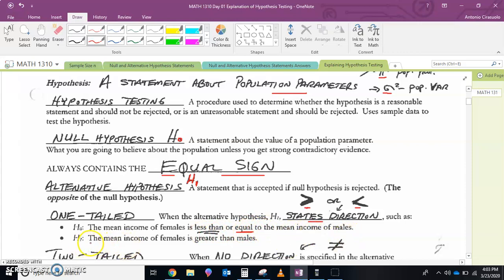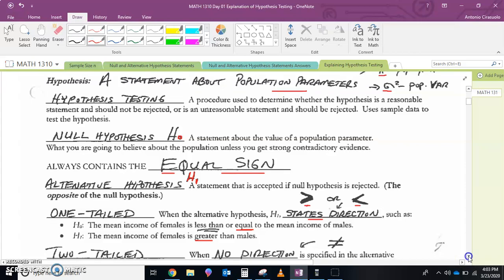The alternative would be that, well, if we think that this is less than, the opposite would be greater than, but it does not include the equal sign. That's a one-tail example. So we have direction, right? Greater than, less than. Look for those keywords, and that tells you that you have a one-tail situation, and we can perform the test accordingly.